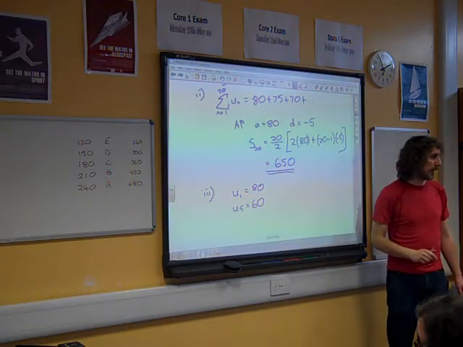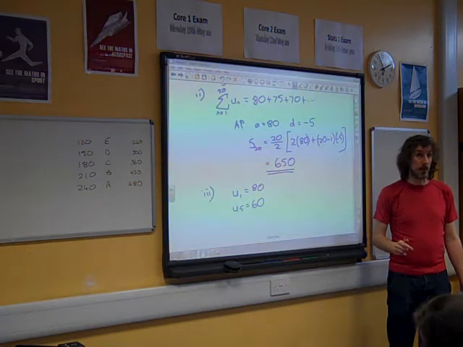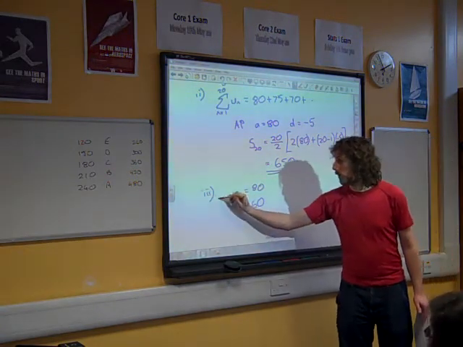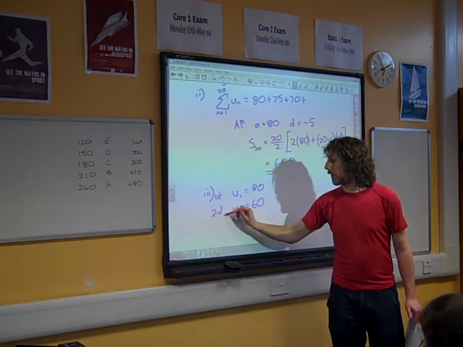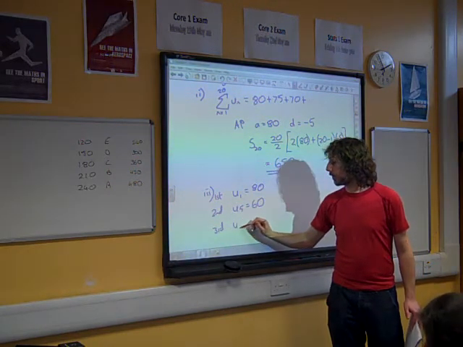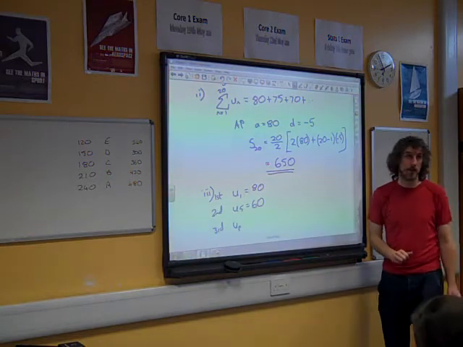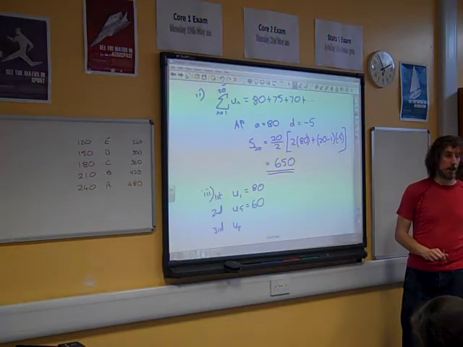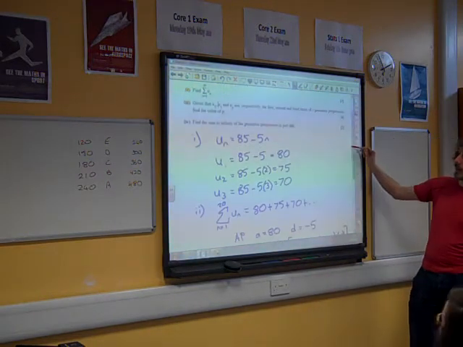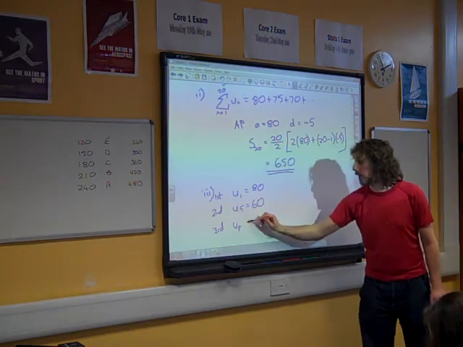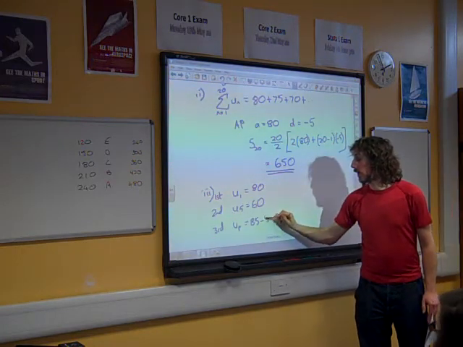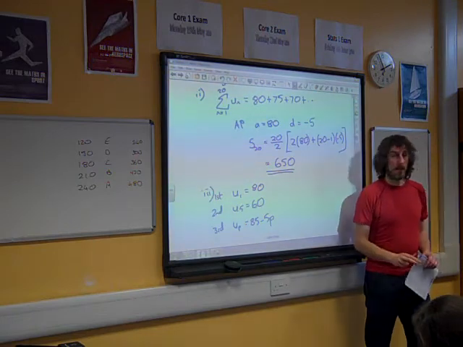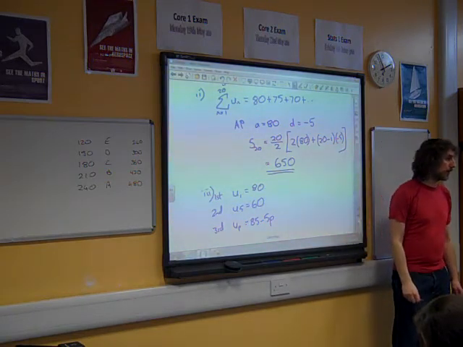Okay, and we need to find Up, which is the third term, so that's the first, the second, and the third term is Up. Now remember, Up is 85 minus 5p. And that will be the third term in the sequence.